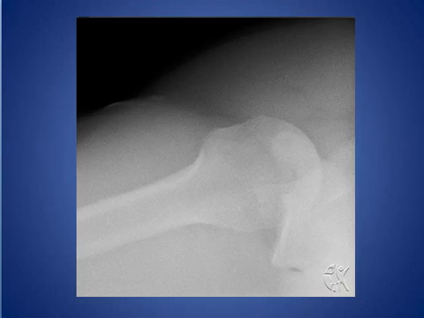Here, X-ray of the shoulder, axial view, and we see anterior dislocation of the humerus in relation to the glenoid.